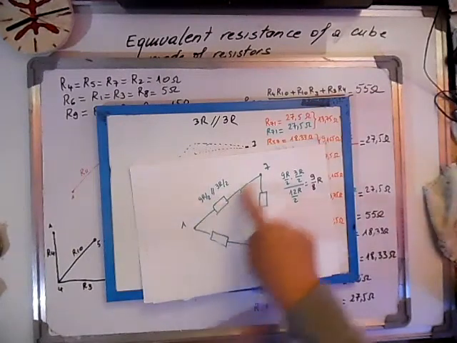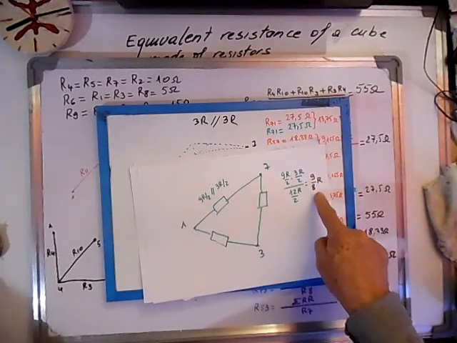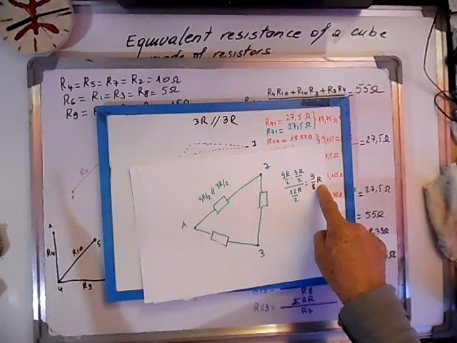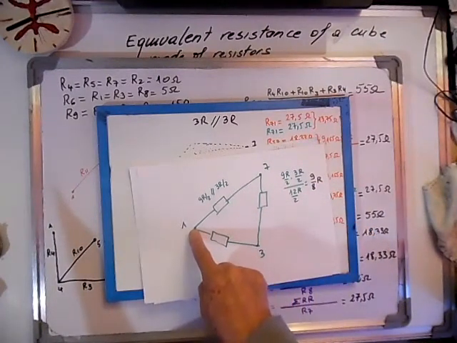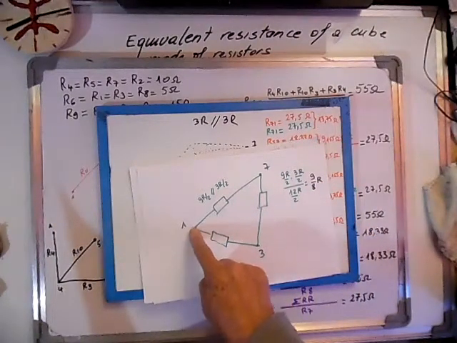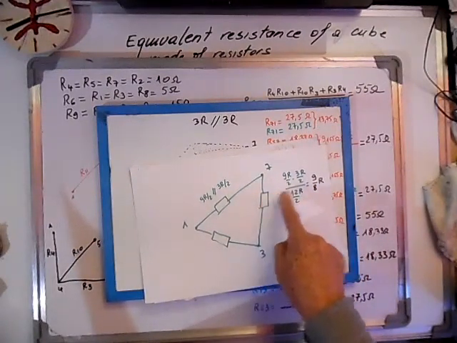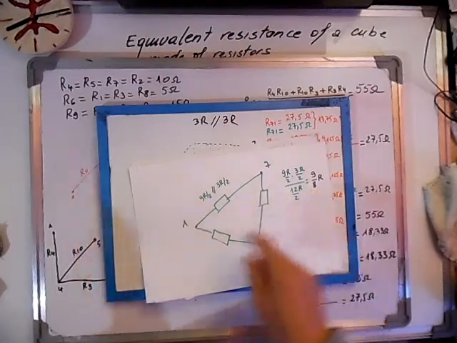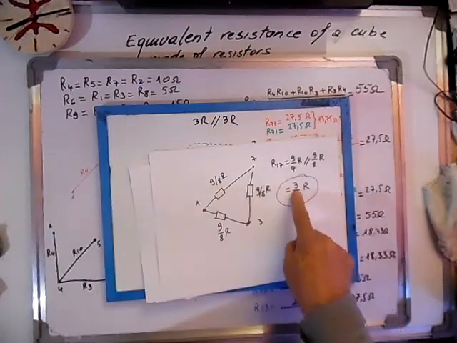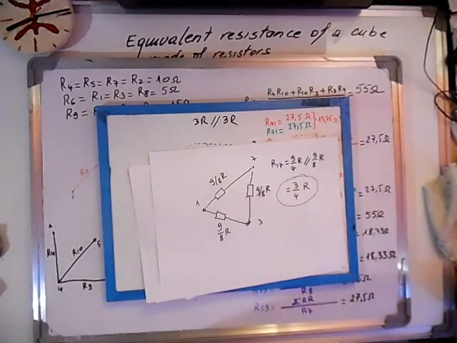This will give 9R over 8, and now this one, 9R over 8, in parallel with 9R over 4, is what will give us 3R over 4 as a solution.